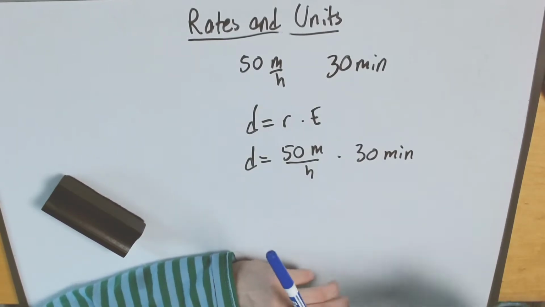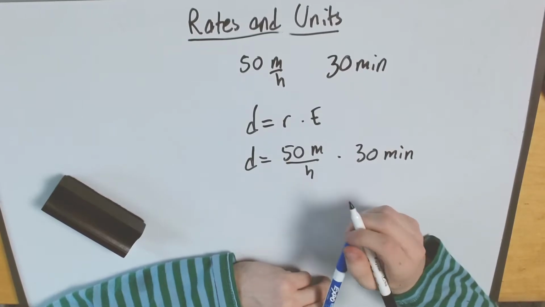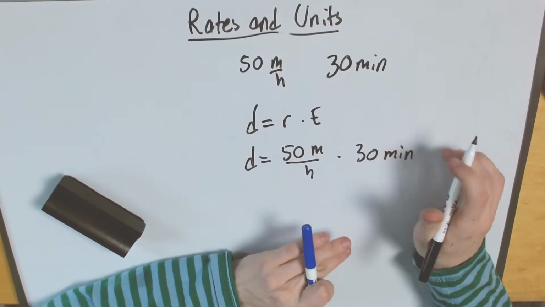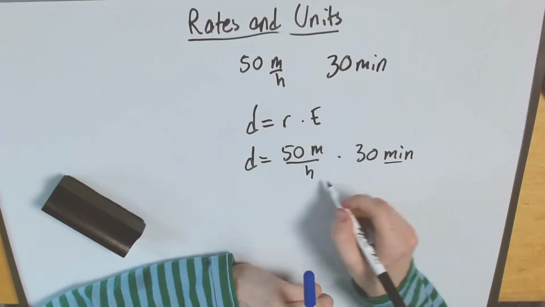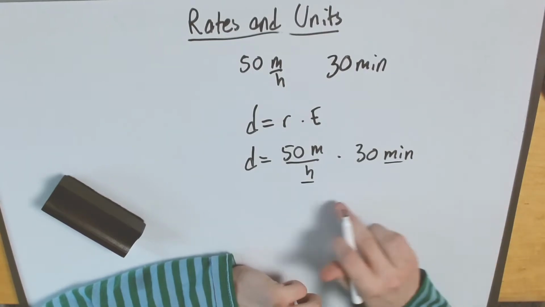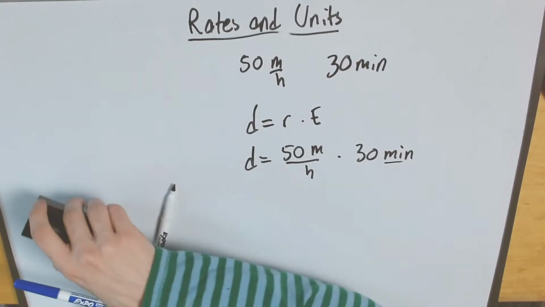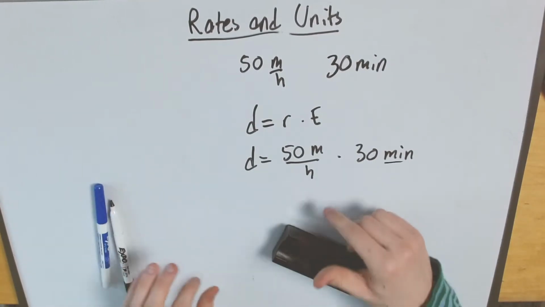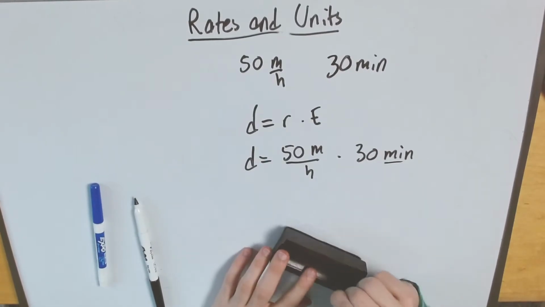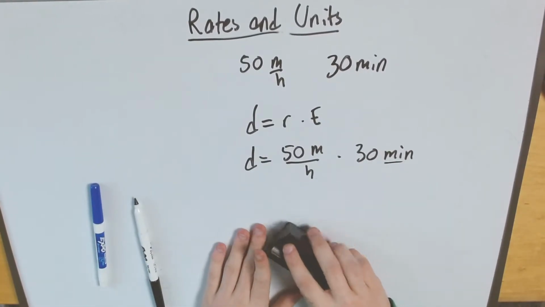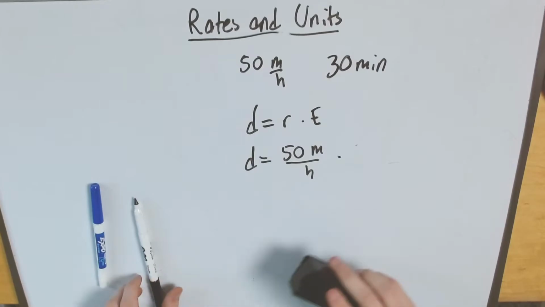Distance is a mile measure. That's the unit we need. But we're not going to have that, right? This minute unit isn't going to cancel out this hour unit. So what we need to do is some sort of conversion where we can transform this hour into something that works with minutes. I'll show you how.